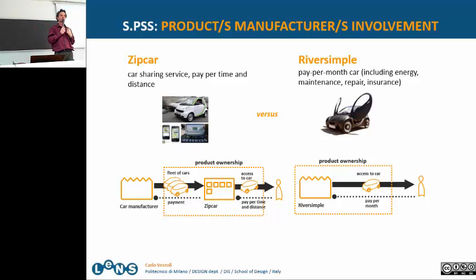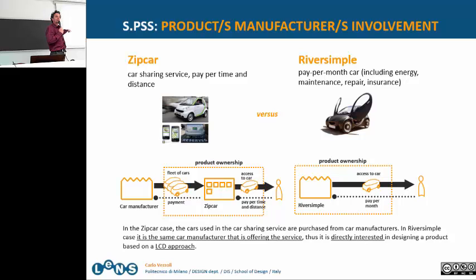Which is the best situation in your perception? In this case, the first one, Zipcar, they are buying a car from someone else. In the other one, the same company offering the service is the one that manufactures the car. So in the second case, they are manufacturing the car and saying to a designer, you have to design my car that I'm producing in a way that it consumes as little energy as possible, that it consumes renewable energy, maybe solar, that I don't have to pay for, and so on.